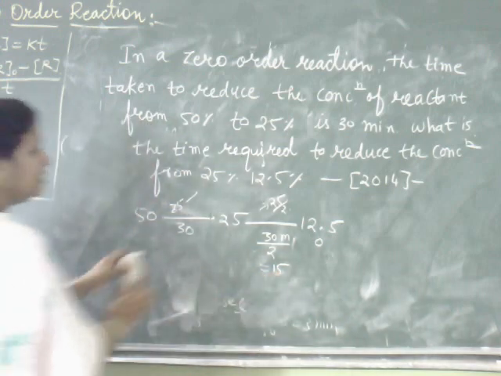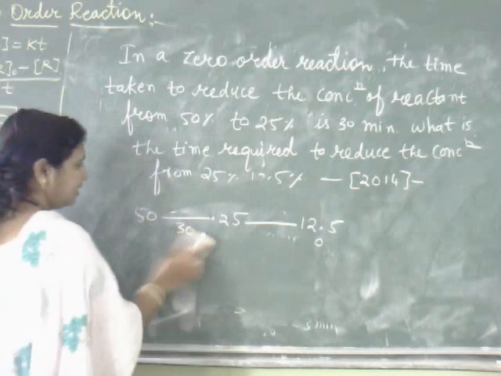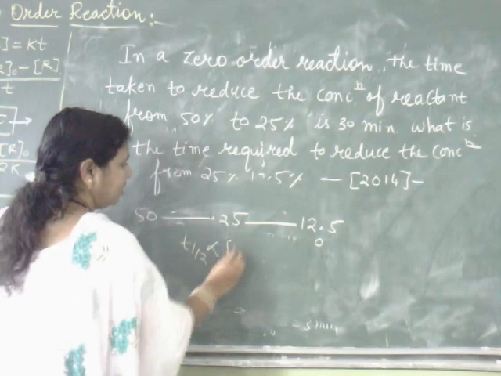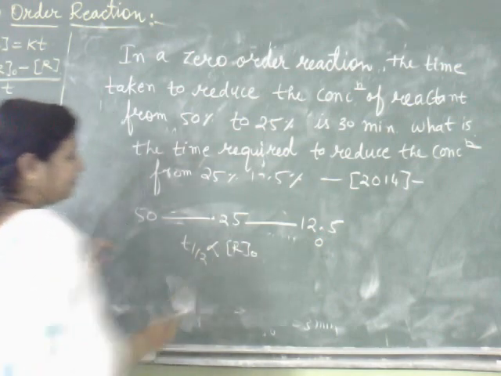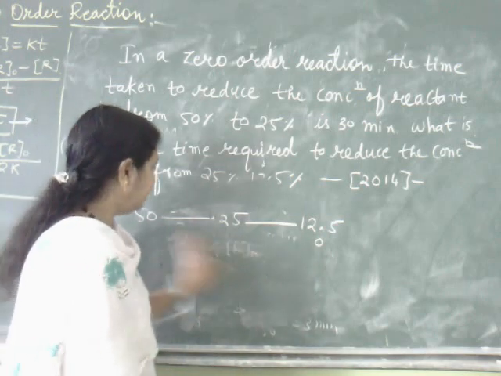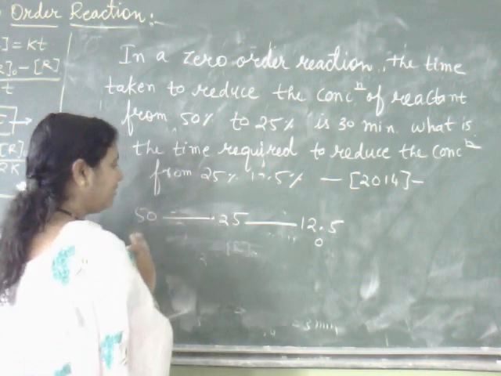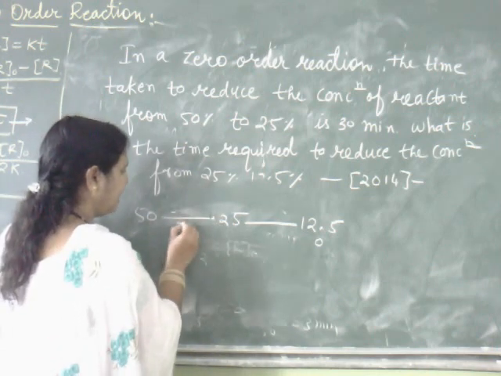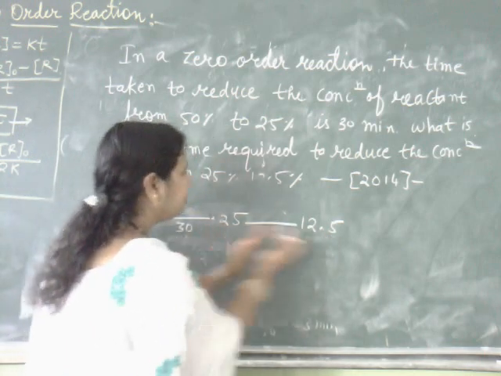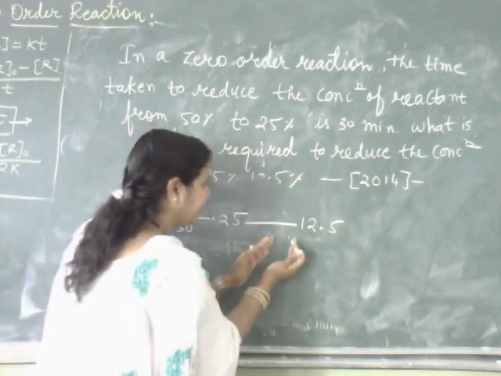Or you can use this one also, for T half. T half is directly proportional to the concentration. If the concentration decreases, the time also decreases. So see here, 50 to 25 is half, meaning half the concentration is completed, and T half given here is 30. So for 25 to 12.5, the concentration reduces, so the time also reduces.